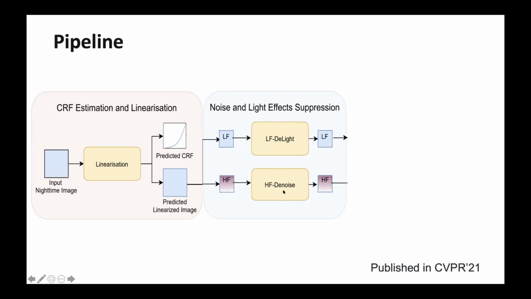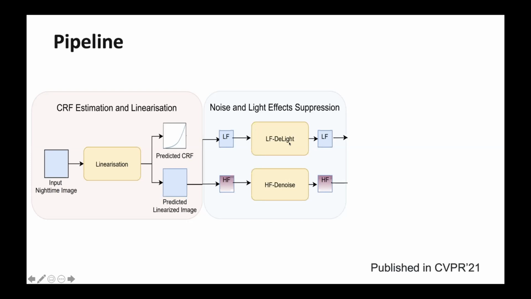That means that we have to suppress noise in this channel, in the high frequency image or layer. And we also notice that in the low frequency, noise is not dominant, but the glow or glare will be dominant here in the low frequency.